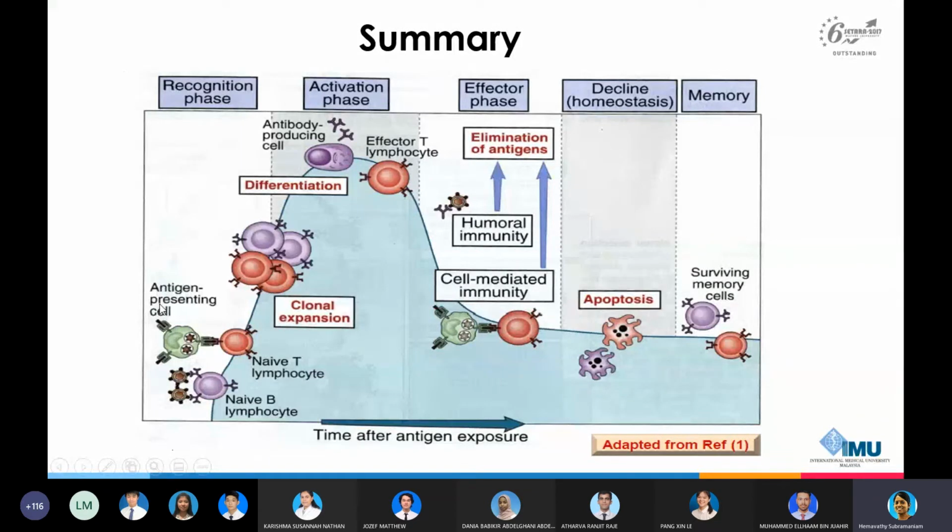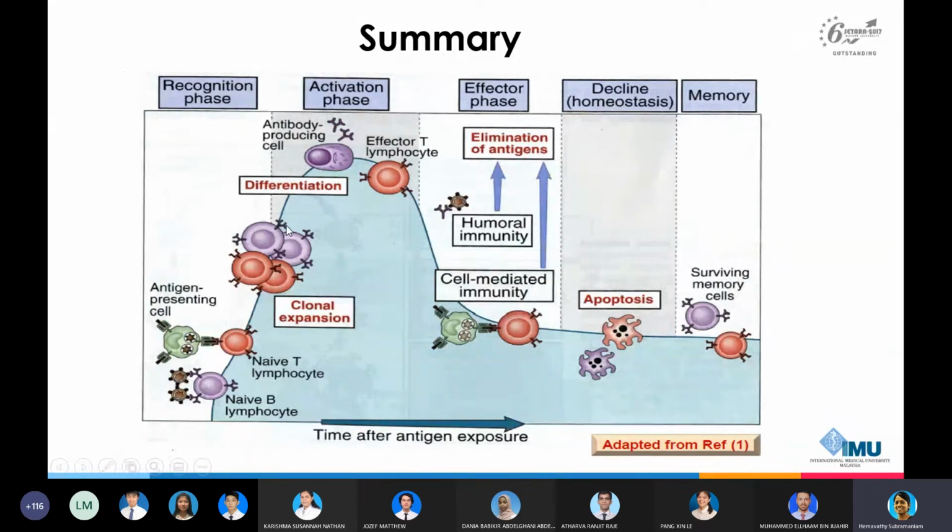When it is confirmed that there is a non-self substance, it will get activated and increase in number. It will perform either direct killing through CD8 or enhance the function of another immune cell through CD4. The part where it increases in number is known as clonal expansion. But as I told you, only the selected cells, be it B or T, with a specific receptor for that antigen will increase in number. So that is clonal expansion. Okay.